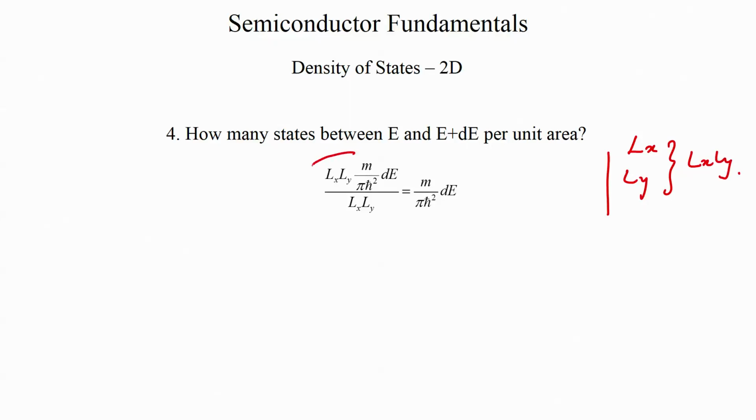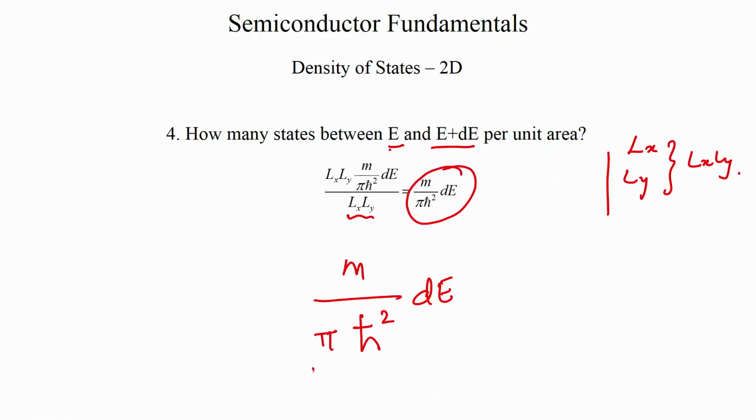There are these many solutions to Schrodinger's equation between E and E plus dE, and the number of solutions per unit area is simply that divided by Lx Ly, and that gives you this. It is m by pi h bar square dE.